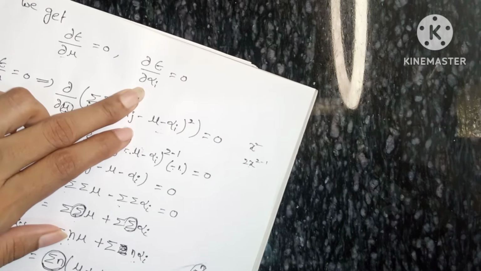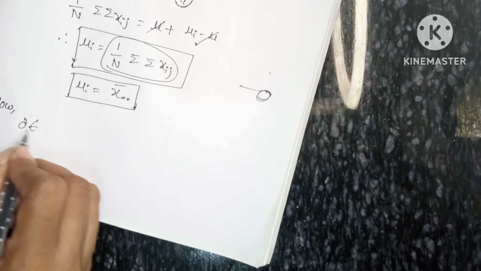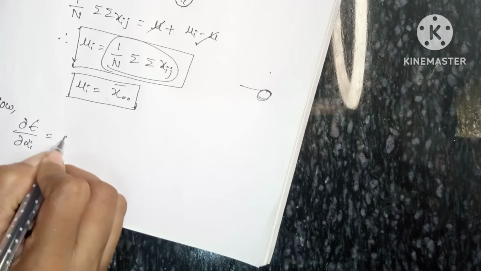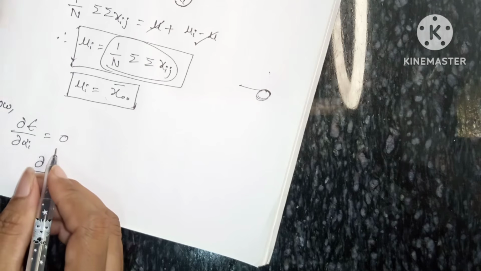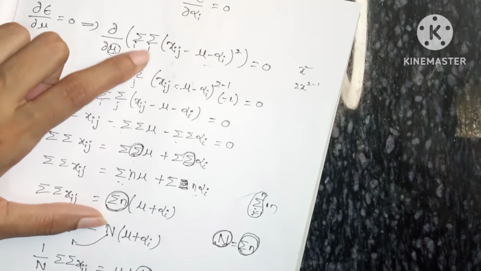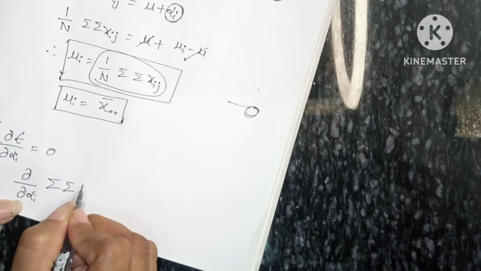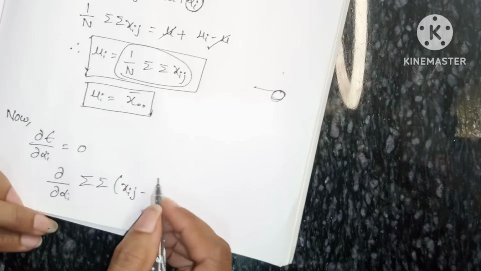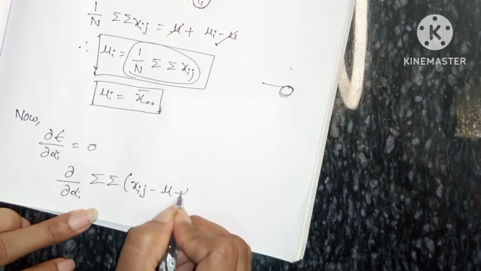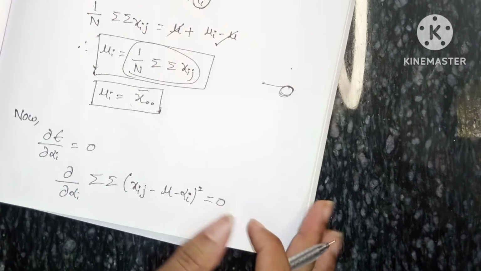Now consider this one: dE by d alpha I, or del epsilon by del alpha I equals 0. So the derivative with respect to alpha I, instead of E we write this: double summation xij minus mu minus alpha I whole square equals 0.